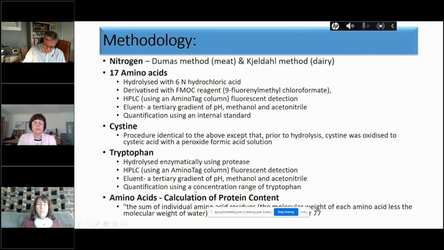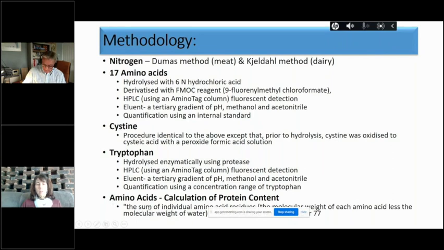The quantification was done with a concentration range of the tryptophan standard. And then I recalculate all the amino acid data to use this preferred method of individual amino acids, where you calculate that less the molecular weight of the water.